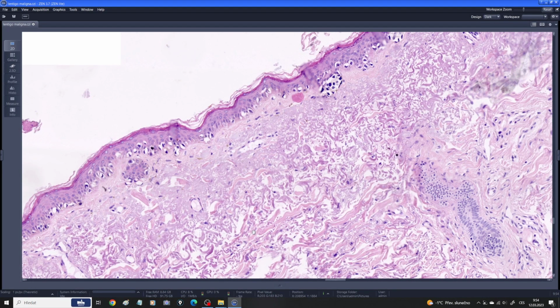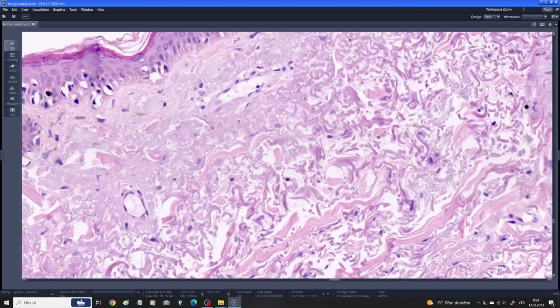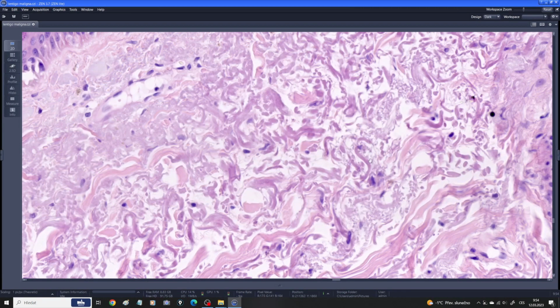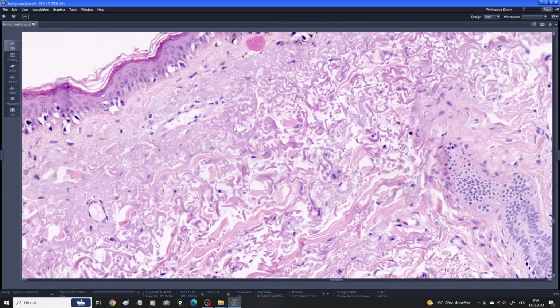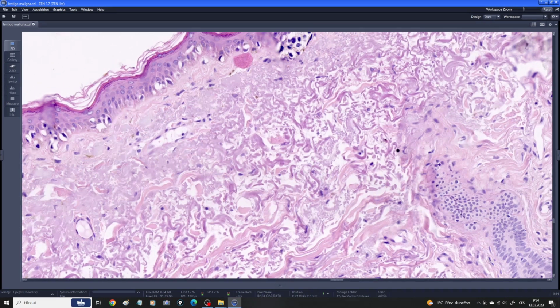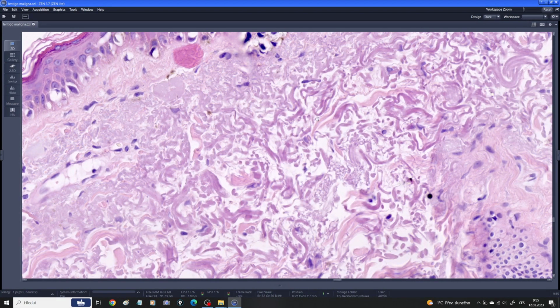What you can see here also are those changes in the dermis. If you look into the dermis, you will see those numerous bands and fibers that are, let's say, bluish or violet. So those violet bands and violet strands are degenerated elastic fibers.